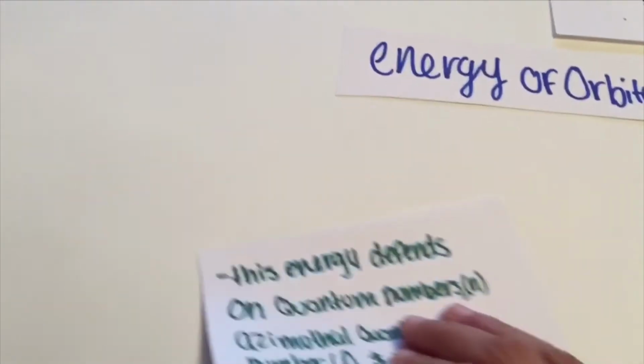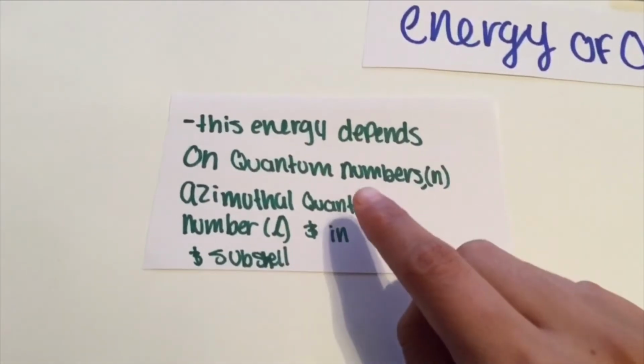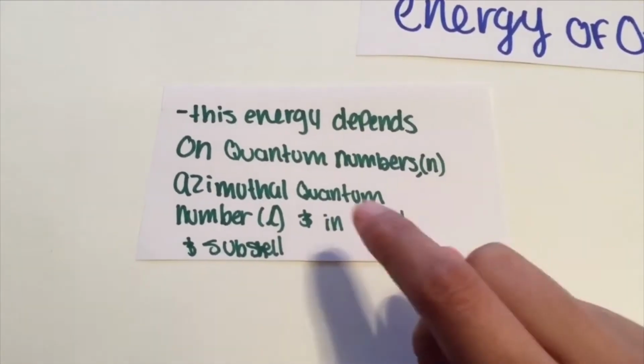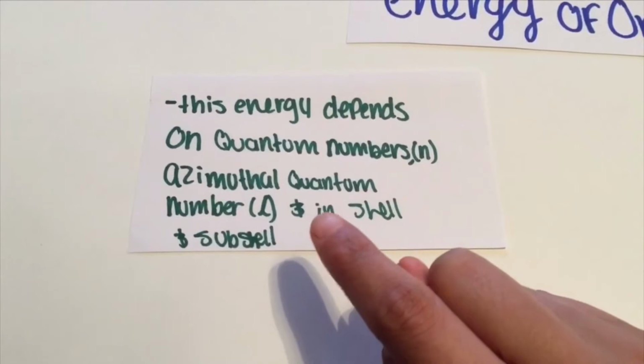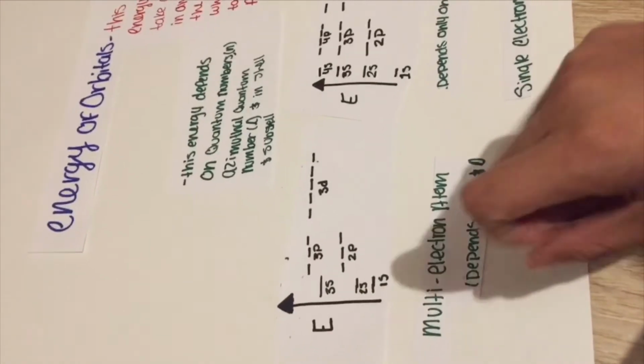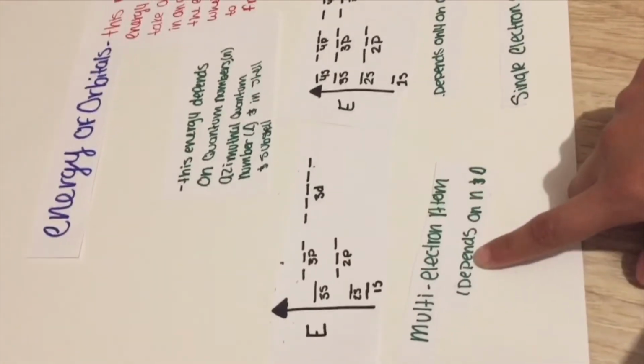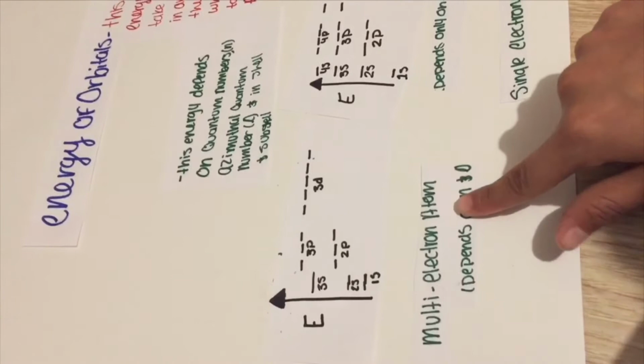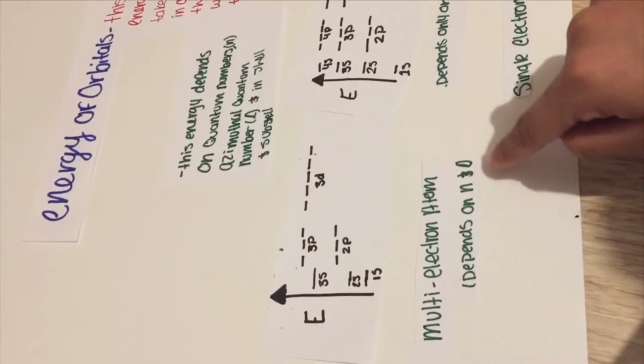This usually depends on the quantum number n, the angular momentum quantum number l, and the shell and subshell. As we have talked before, the energy levels, this right here is an example of the multi-electron atom, which depends on n and l.